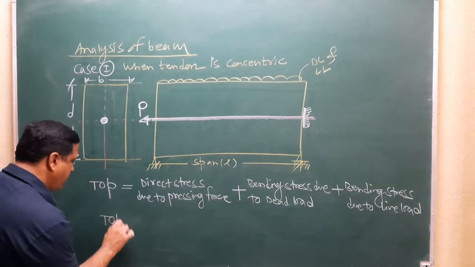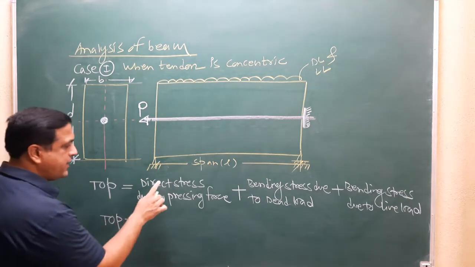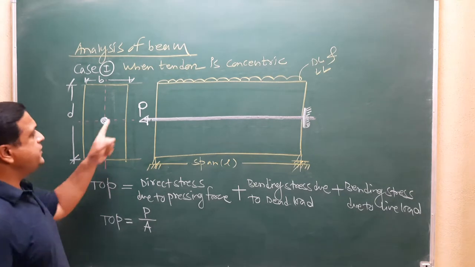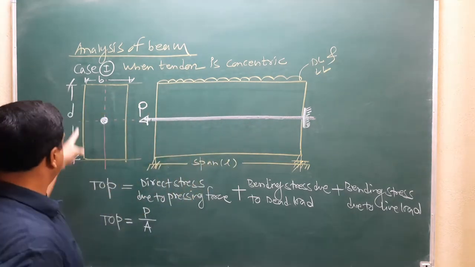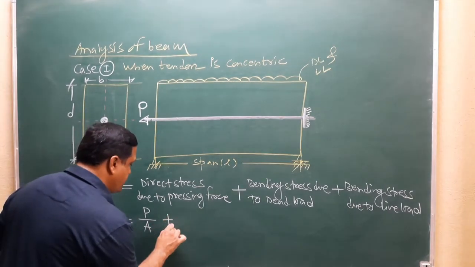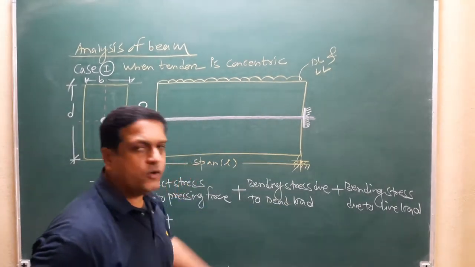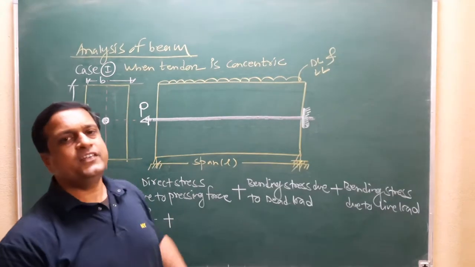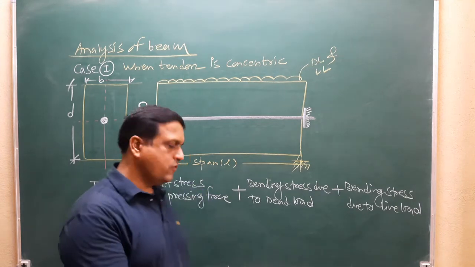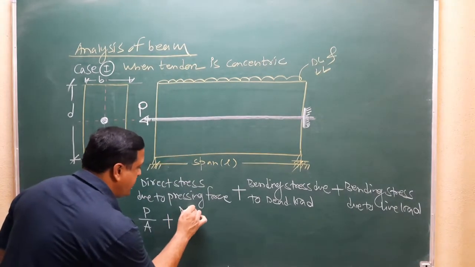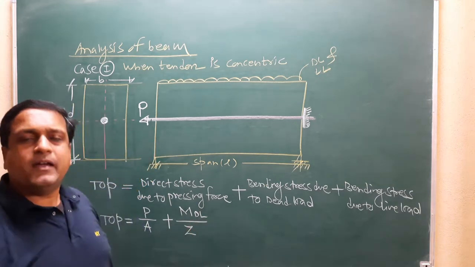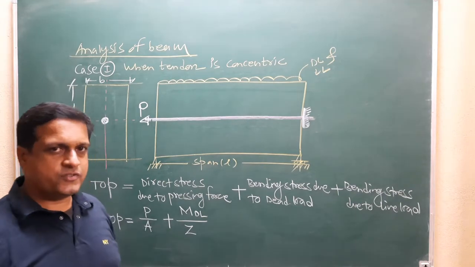Now, for the top fiber stress, you have to write it down here. Direct stress is P by A, where P is the prestressing force and A is the cross section area of the beam. Plus bending stress due to dead load. That bending stress is developed due to the bending moment developed due to the dead load, so bending moment due to dead load divided by Z, where Z is I by Y, the sectional modulus.